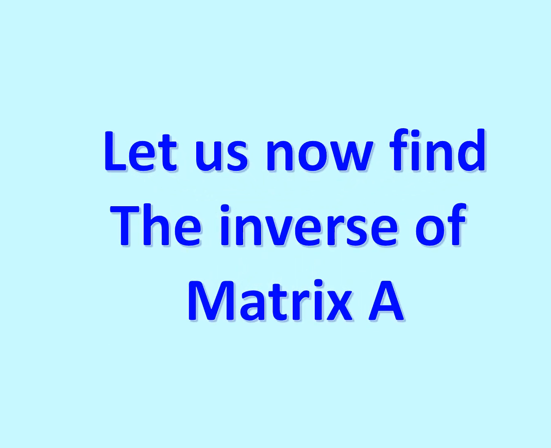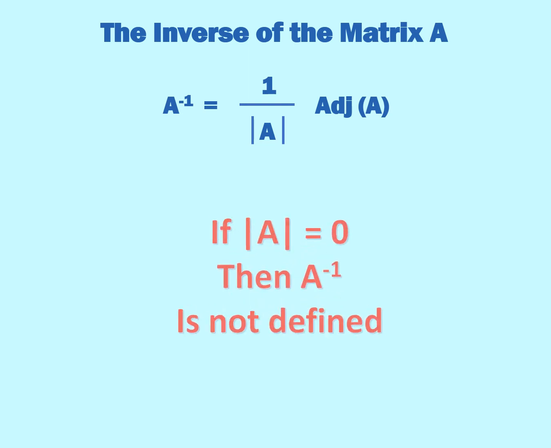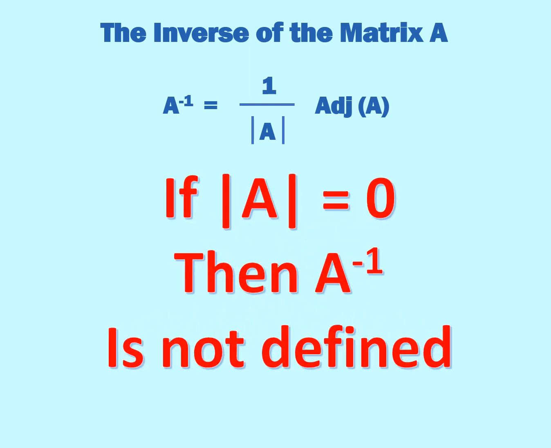Okay, now we have computed all the numbers to find the inverse of matrix A. Inverse of matrix A is equal to 1 over determinant of matrix A multiplied by adjoint of matrix A. This is the place that I said that I will explain to you another condition for the invertibility of a matrix. If you see this formula, if the determinant of the matrix is 0, we cannot define the inverse of matrix A. Now we will substitute the numbers that we computed.